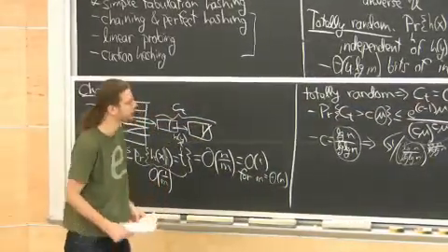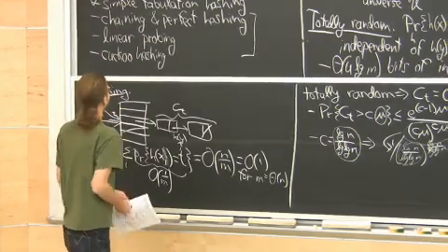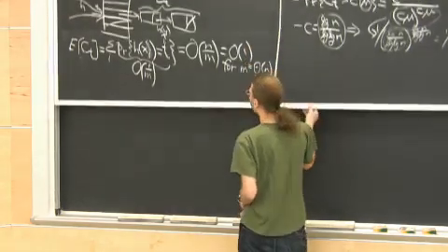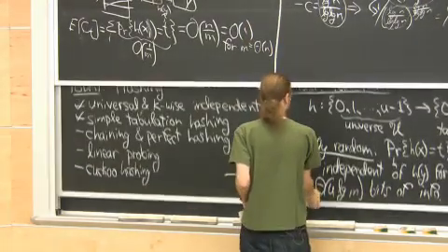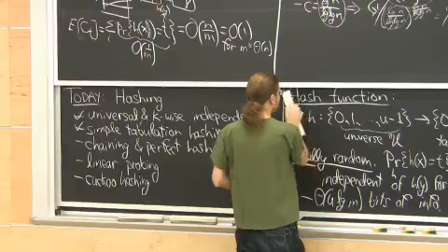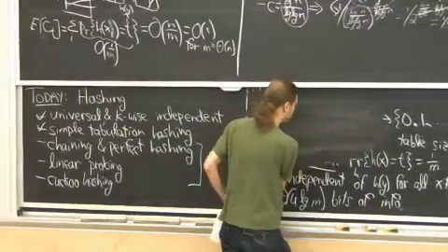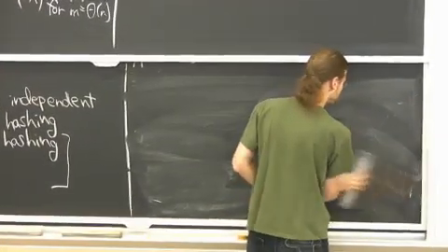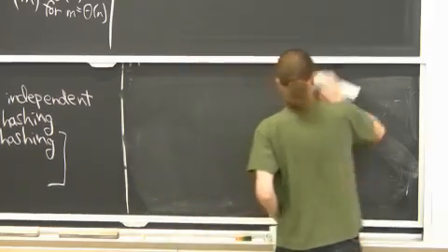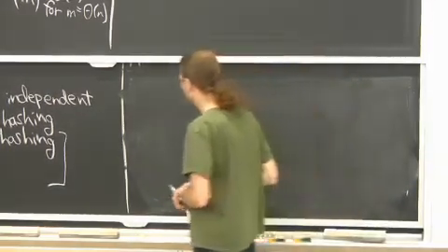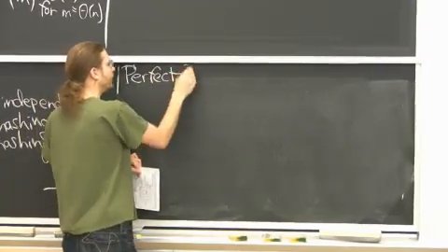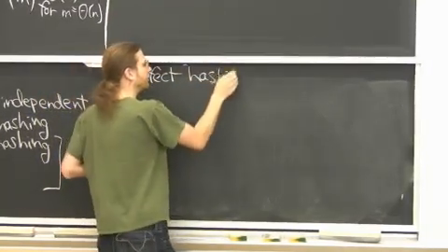All right. But if you did worry about it, the next thing you do is perfect hashing. Perfect hashing is really just an embellishment on chaining.